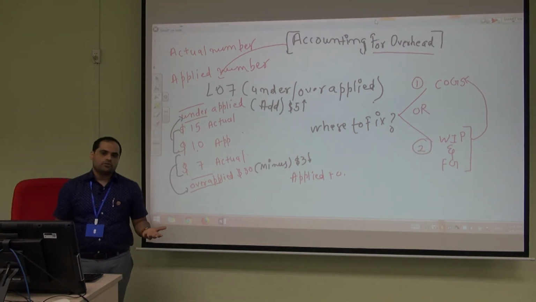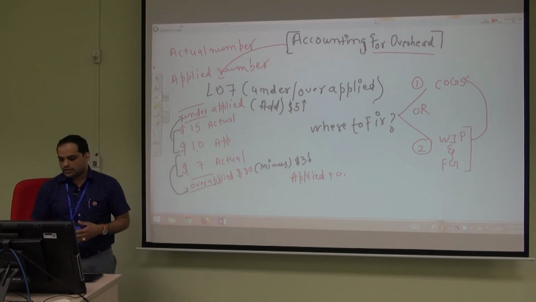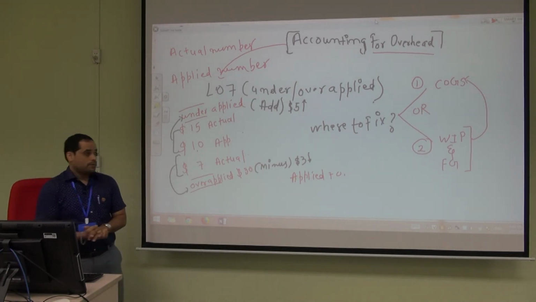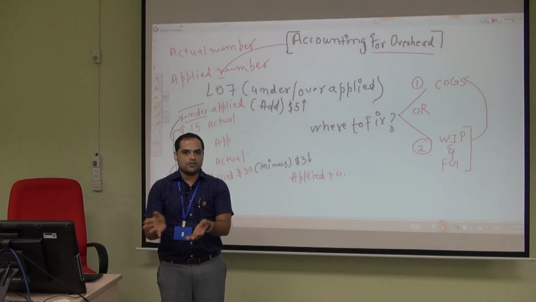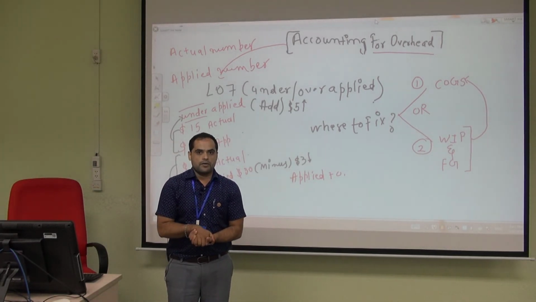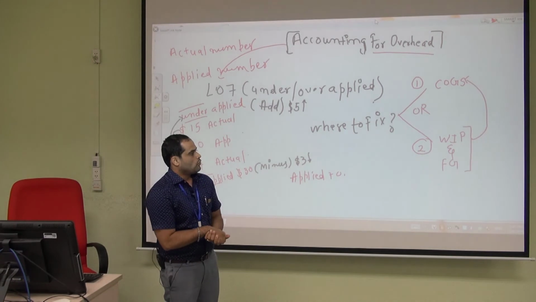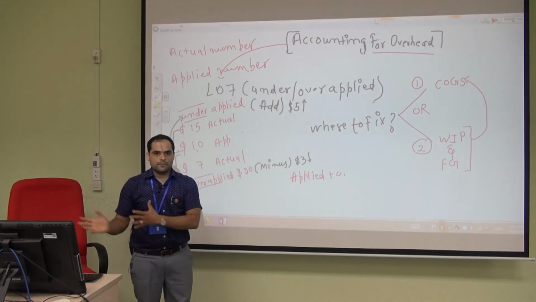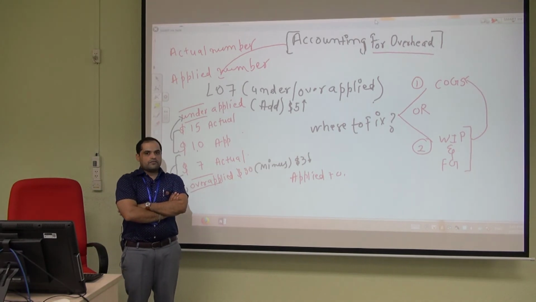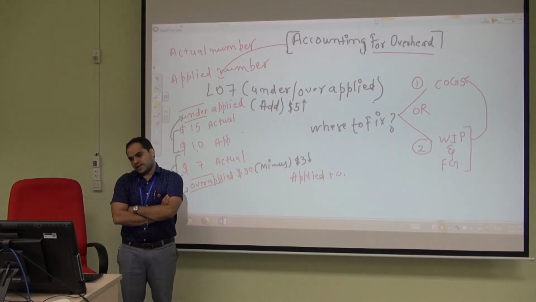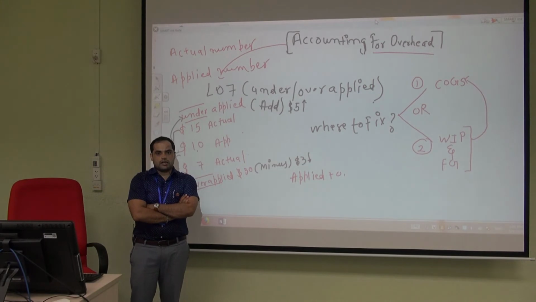It's up to you; whichever option you like, you can pick. But if you choose option 1, you don't have to fix in two accounts, you just fix the cost of goods sold number. Or if you want to do it in the particular process, then you can fix in your working process and finished goods. So that's all about learning outcome 7.